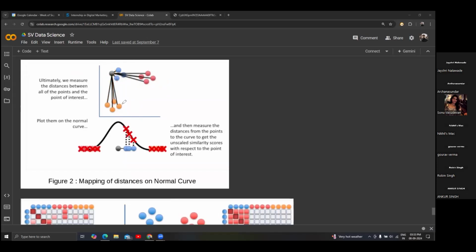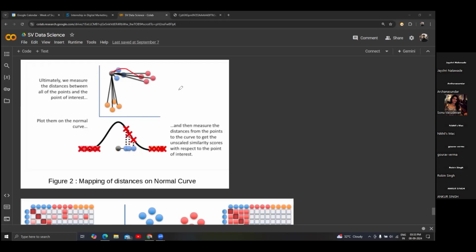If you calculate the distance along a line, it will be high from these yellow points. If we talk about this black and blue, you will see that black and blue have a very small distance, so it is very nearby.